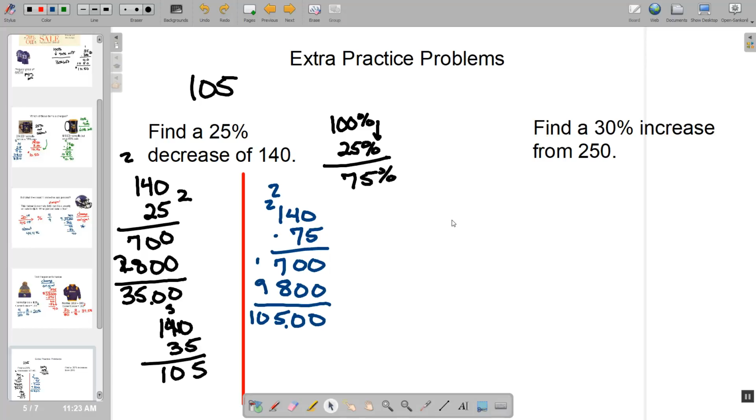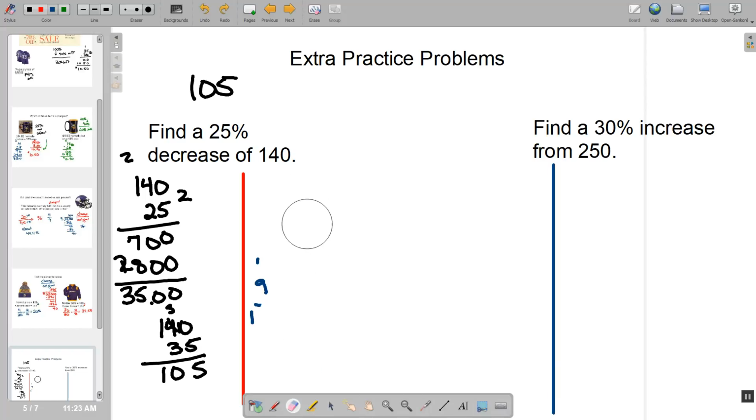Now we need to find a 30% increase from 250. Once again, I'm going to show you both algorithms, but for increase, usually people stick to the two-step one, but we will figure it out from there. Okay, I'm going to erase this stuff over here just to give us a little bit more room. So 30% increase of 250 means that we need to find 30% of 250.